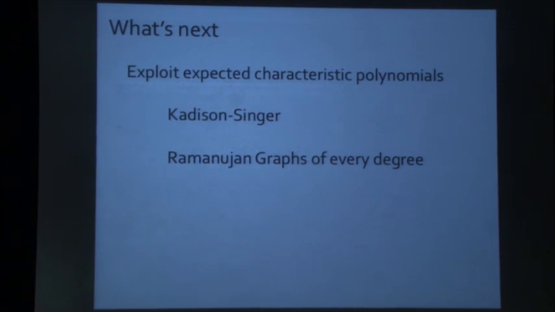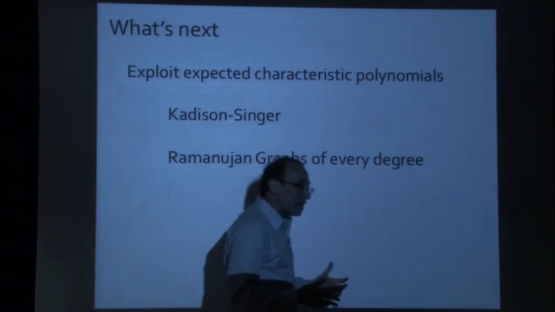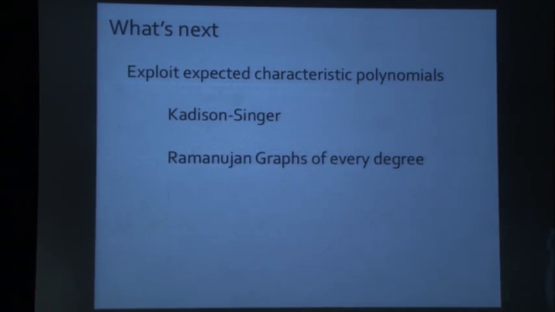But we now realize that when you have very nice distributions of polynomials, the expected characteristic polynomial actually tells you a lot about the existence of individual polynomials in the distributions that satisfy the same root bounds as the expected ones. So on Wednesday, we'll use this to give a positive solution to the Cadison-Singer problem, and on Thursday to get a very simple proof that there are infinite families of Ramanujan graphs of every degree.